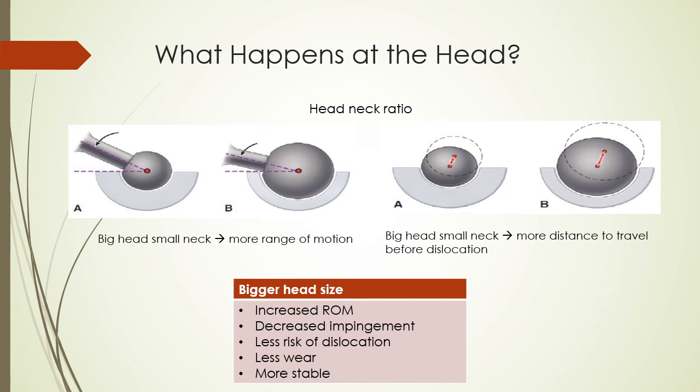And also, if you have a big head on a small neck, you will have more distance to travel before dislocation. So ideally, you would want a higher head-neck ratio. Bigger head size relative to the neck size will increase ROM, decrease impingement, less risk of dislocation, less wear, and more stable. So that's to be kept in mind.